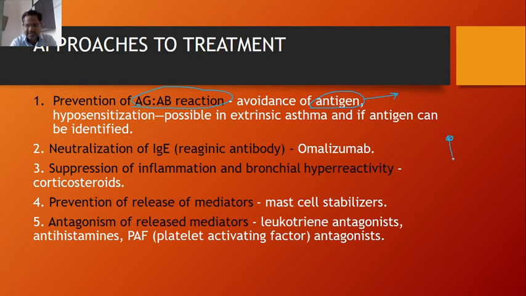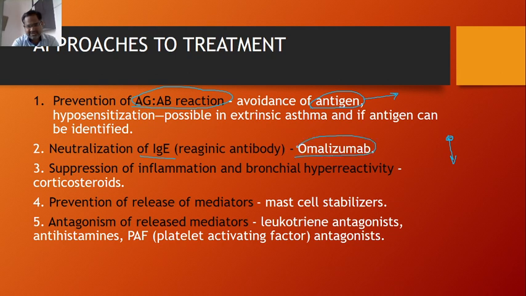You give the antigen to the person in graded doses, and you check the person's sensitivity to that allergen. So if an antigen is known, you can identify it by using hyposensitization. Then you can use neutralization of IgE. It is omalizumab, which is a monoclonal antibody.